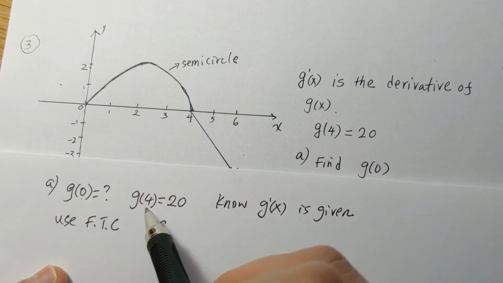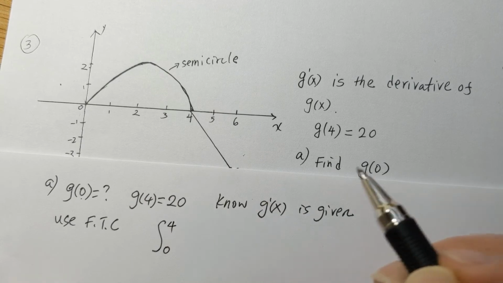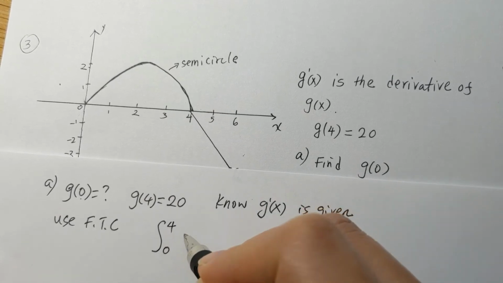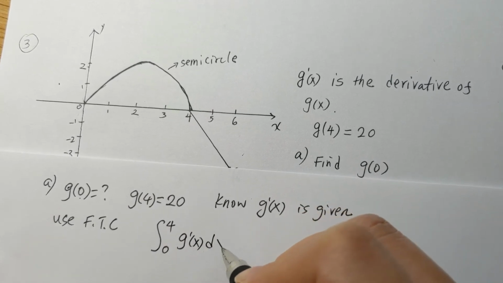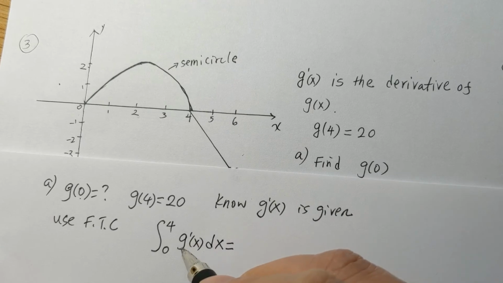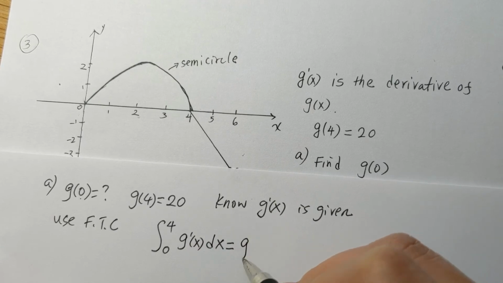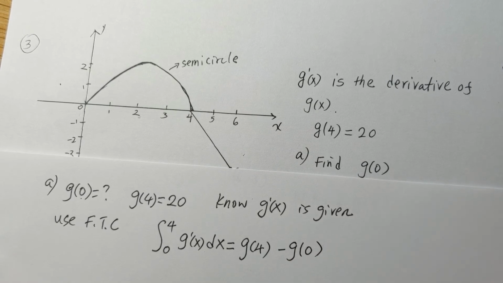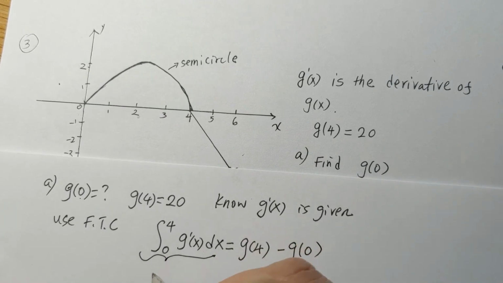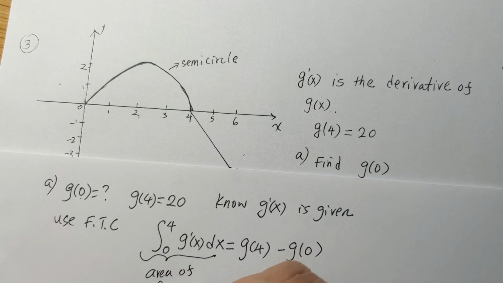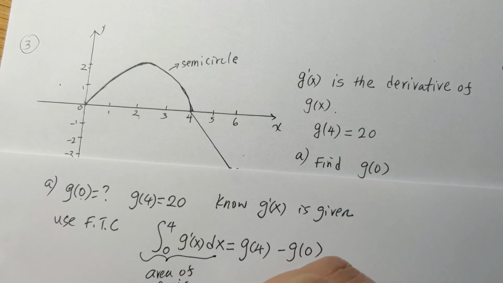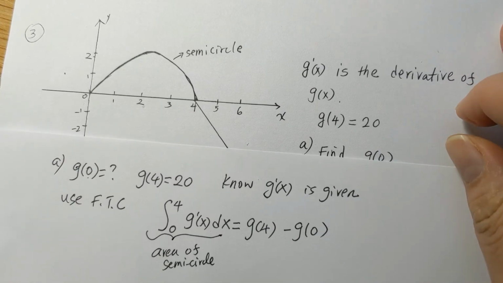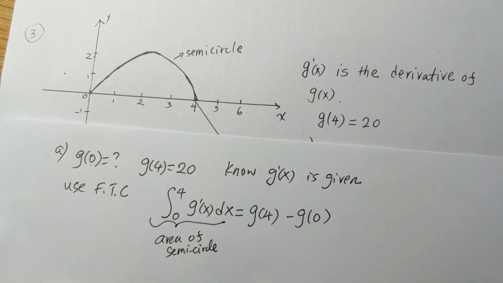We put 0 to 4 of g prime of x dx, and the antiderivative of g prime is g, so g of 4 minus g of 0. This is the area of the semicircle. It's exactly equal to the area because it's above the x-axis.